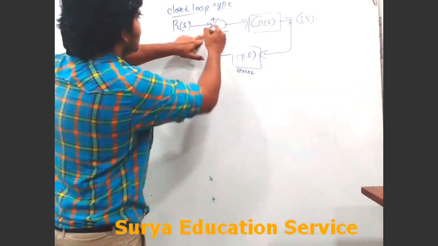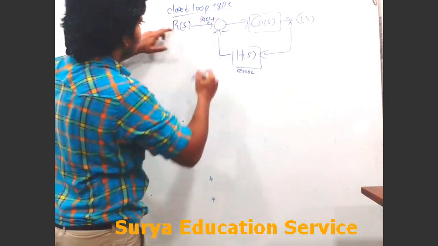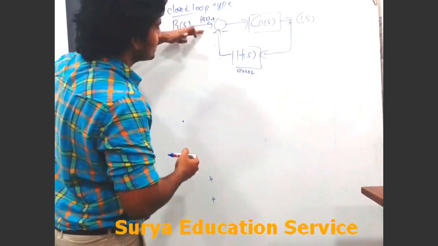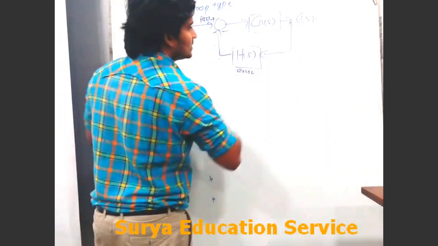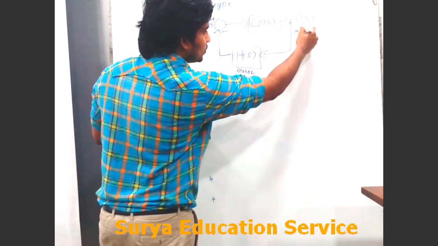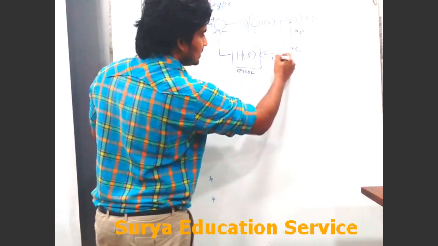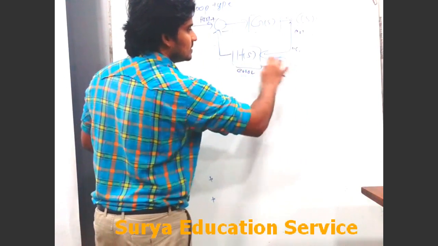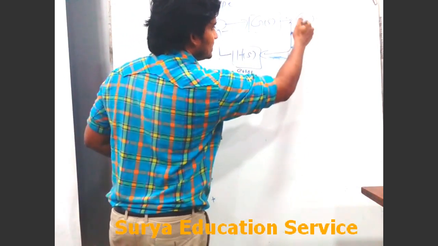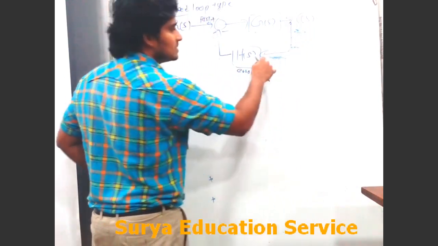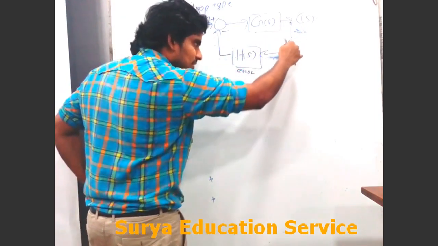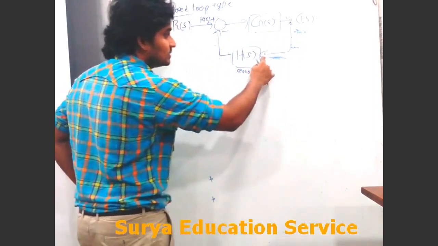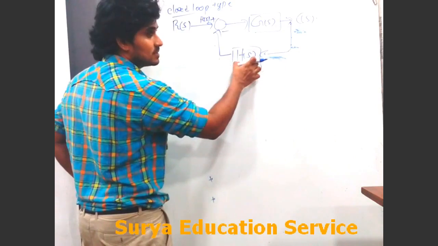This is Rs, because the signal comes in as Rs, and this is Cs. Starting from here to here, it comes as Cs. And when Cs comes up to here, it needs the feedback Hs.